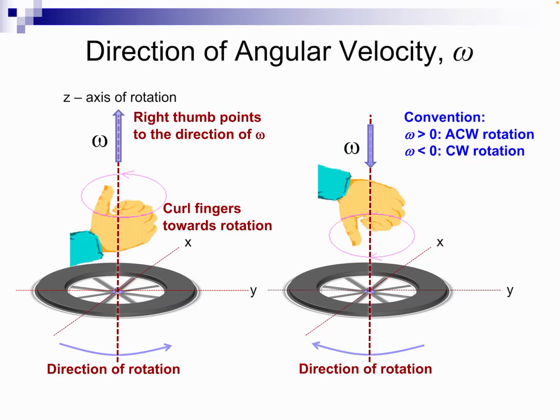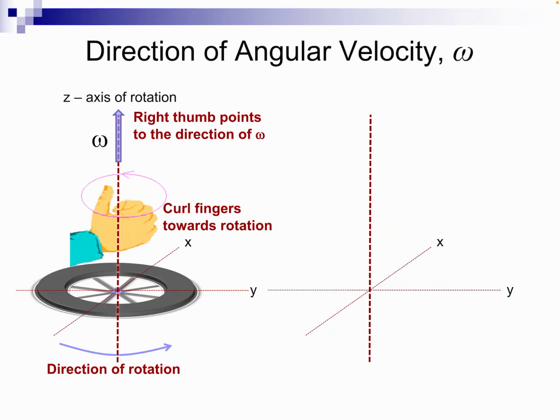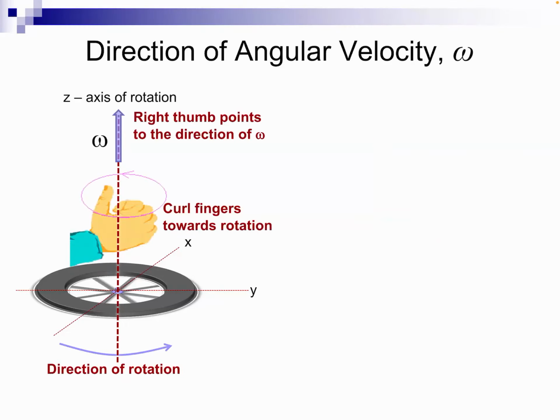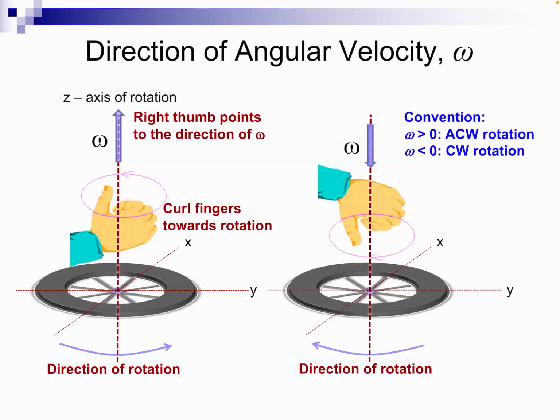In terms of units, the unit for angular velocity is defined from delta theta over delta t. The unit for angular displacement is radians, and the unit for time is seconds. So the unit for angular velocity is radians per second.